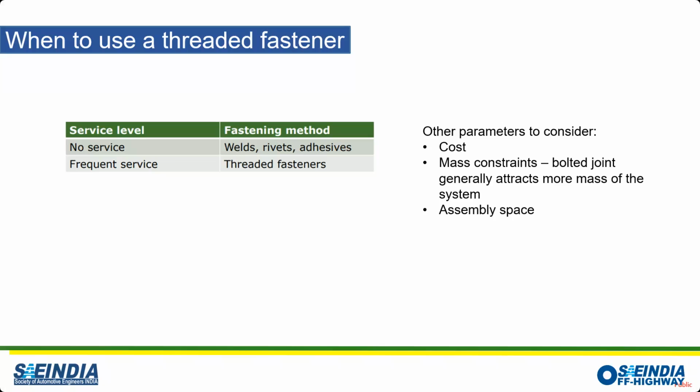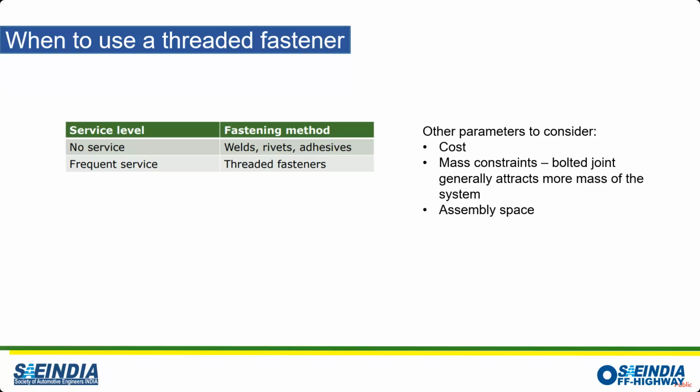So threaded fasteners, or the bolt and nut type of fastener, is something which you can remove and assemble frequently. But if you want to use the joint as a permanent joint, then you can use welding as one of the methods, or the rivets or some kind of adhesives.